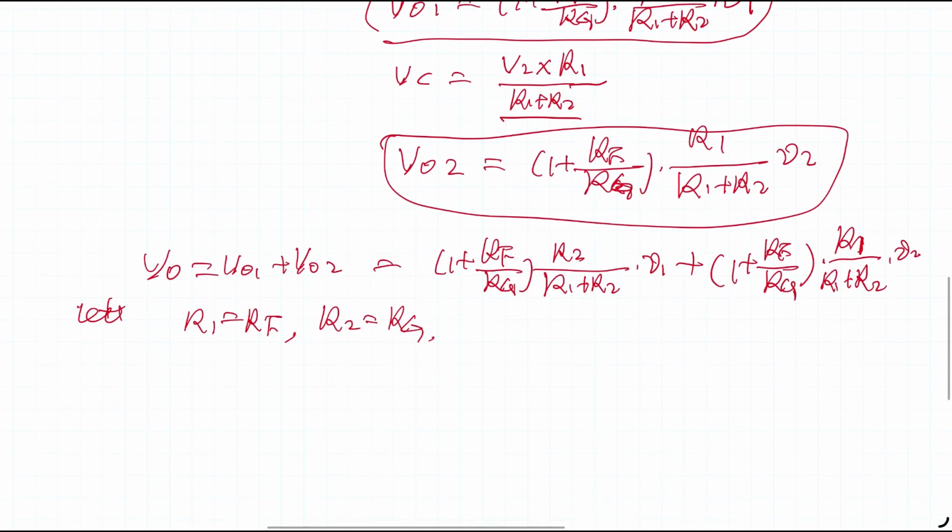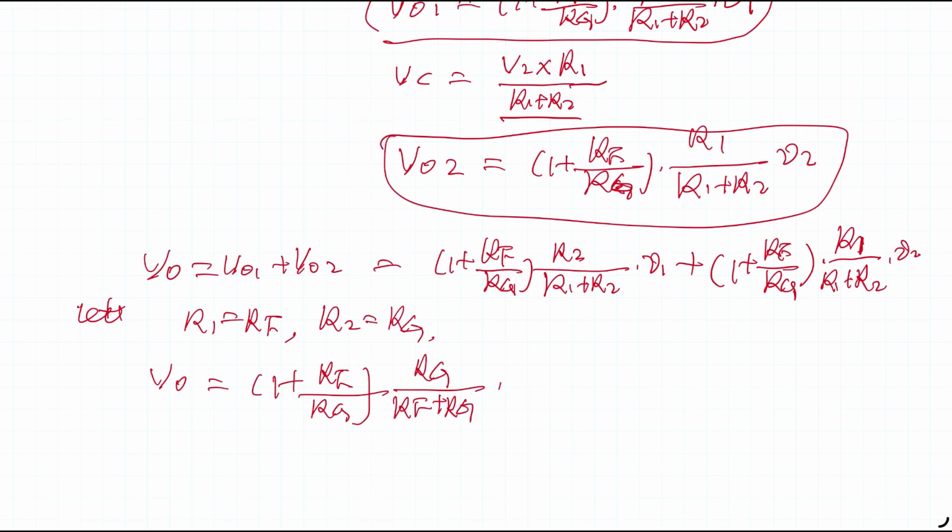Then we know the V out turns into 1 over RF plus RG times RG, times RF plus RG times V1 plus RF, RF plus RG, and V2.